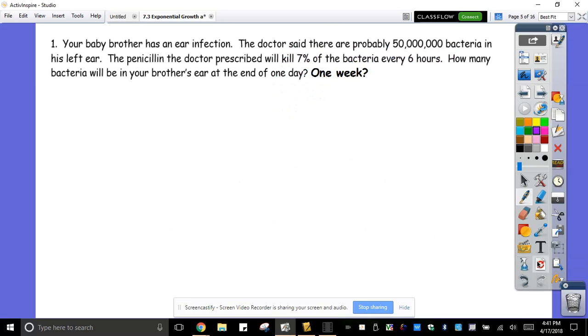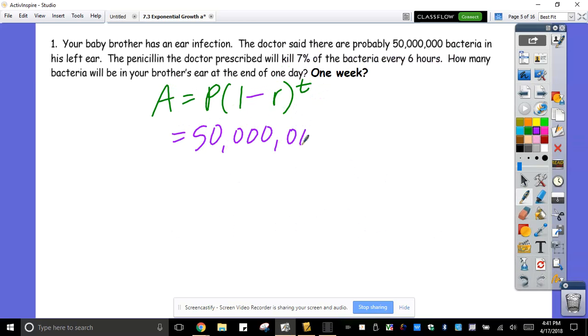Going back, A is equal to P times 1 plus or minus R to the T. Since this one reduces, we know it's decay, so we can erase the plus and make it minus. The starting point is 50 million, and 1 minus the rate, 7% or 0.07, to the fourth degree, right?